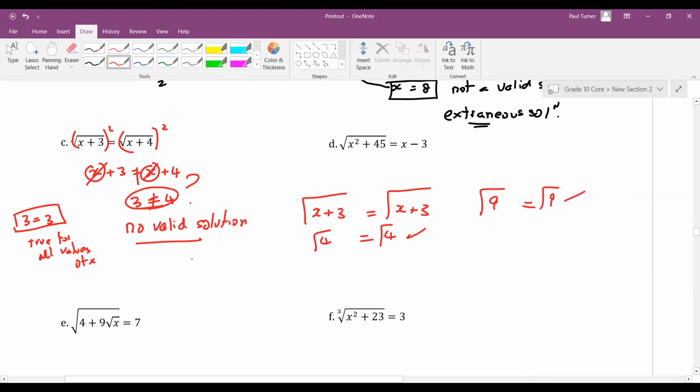Always true. So this would always be true for all values of x in this case. But when you get something silly like 3 equals 4, obviously that's not true, and it's never going to be true. The two sides can never be equal, okay?